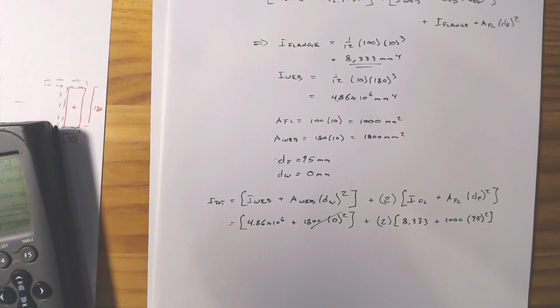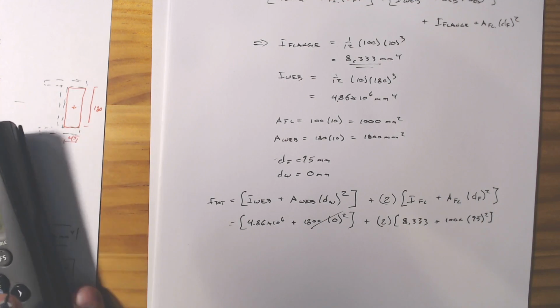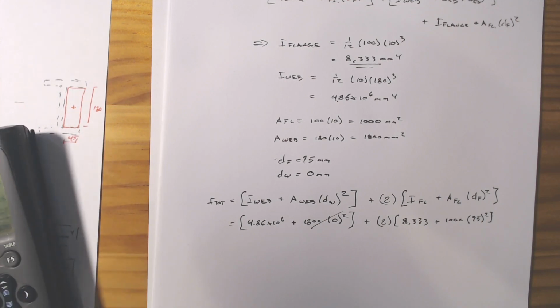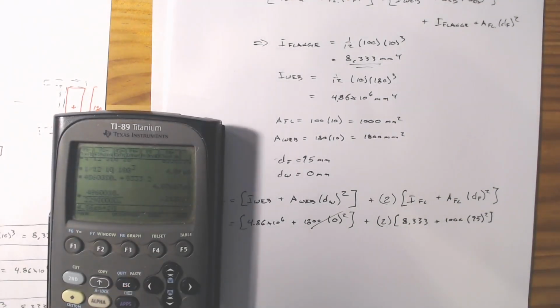So what we can do is run our math real quick. We get 4.86 to the 6 plus 2 times 8,333 plus 1,000 times 95 to the 2.